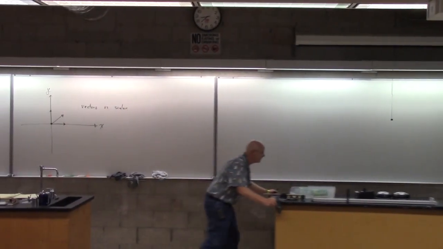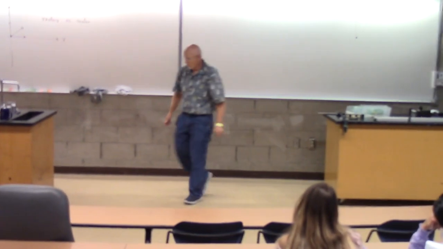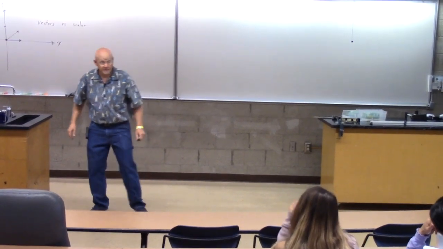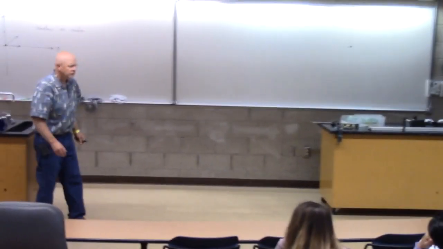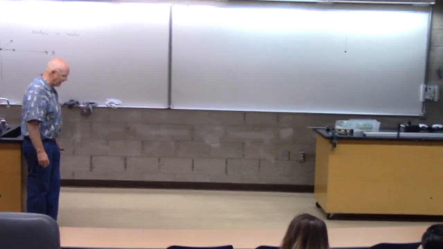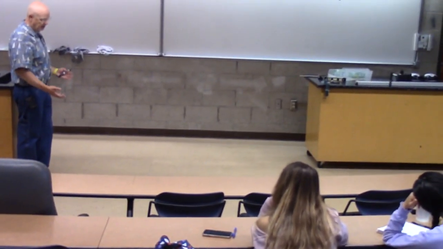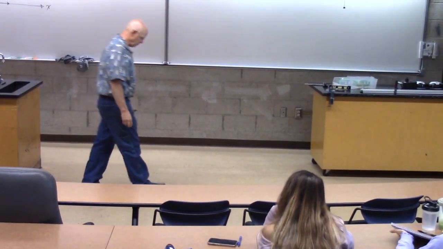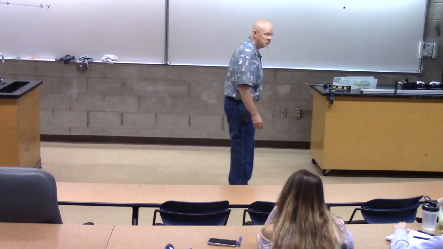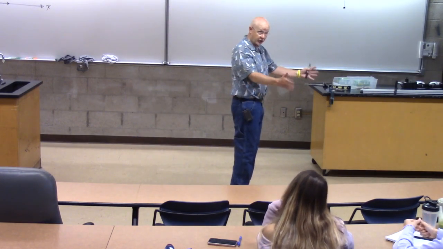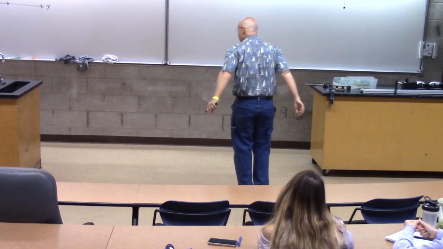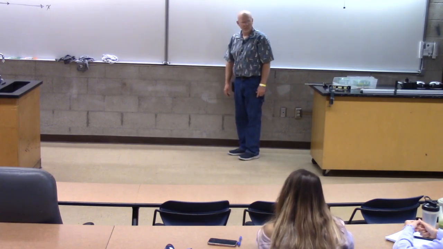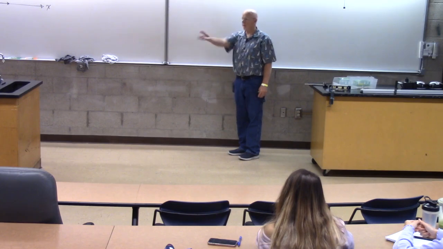Maybe I'll put it over here, and maybe use this stage as 2 dimensions and say, what would happen if I took maybe 4 steps in the x direction? 1, 2, 3, 4. And then I turn 90 degrees and take 3 steps. 1, 2, 3. Where am I? How far am I from my starting point?